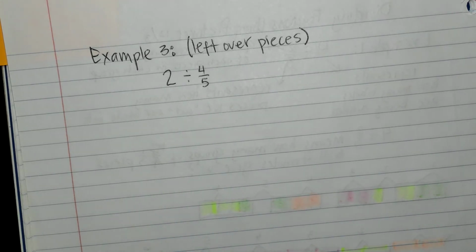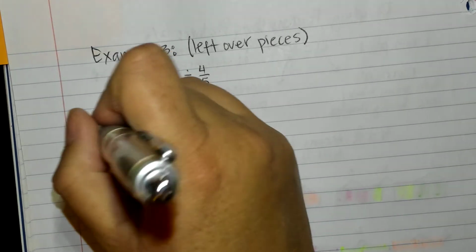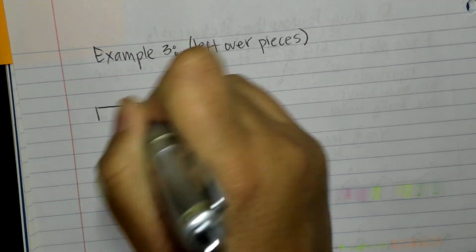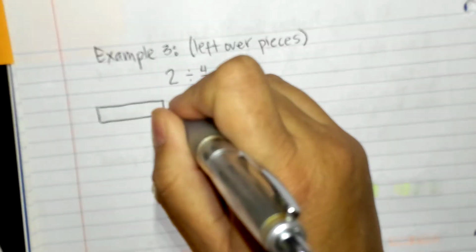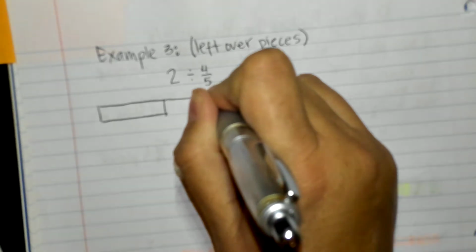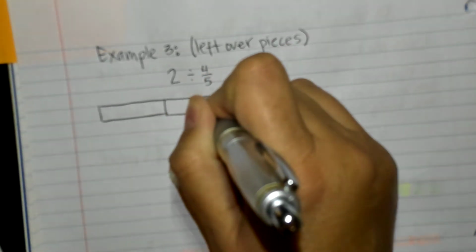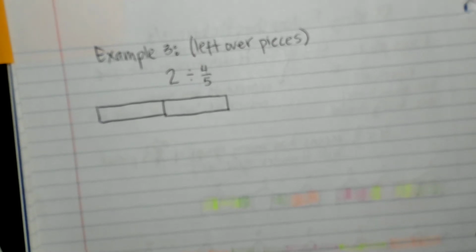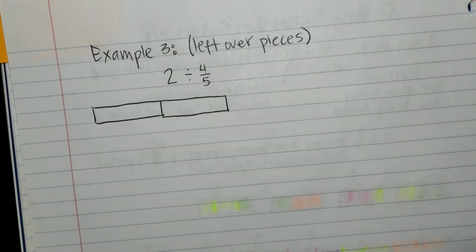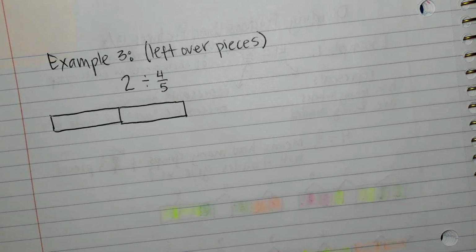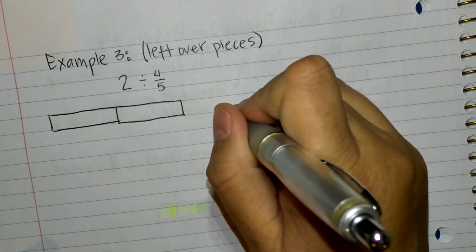And so again, I'm going to draw a bar model. And these ones I'm just stacking next to each other. So again, a different way to draw a bar model. And I'm going to do a number line.